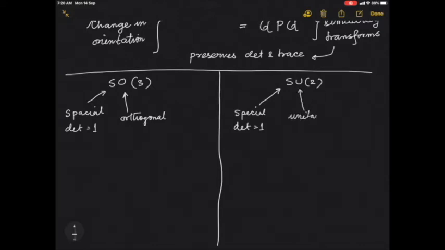Here these are unitary, so its conjugate transpose is the same as its inverse. And the components of this matrix, this is first a 3 cross 3 matrix and the components are real. Here it's a 2 cross 2 matrix and the components are complex.